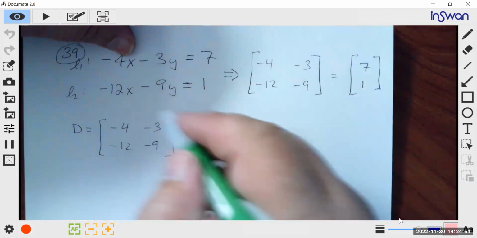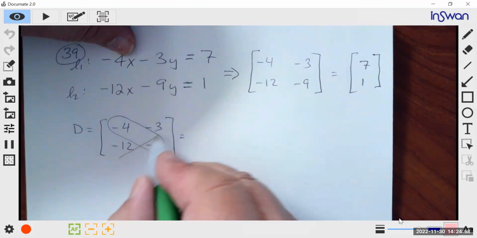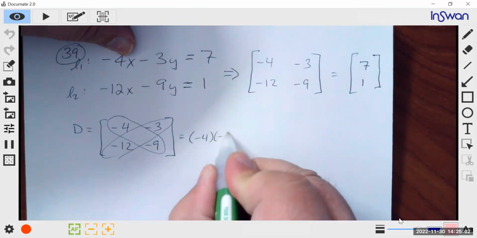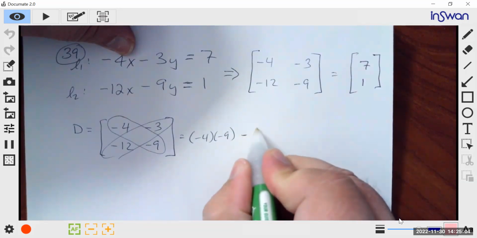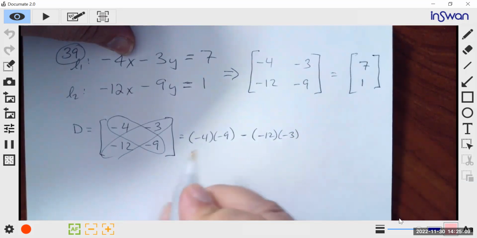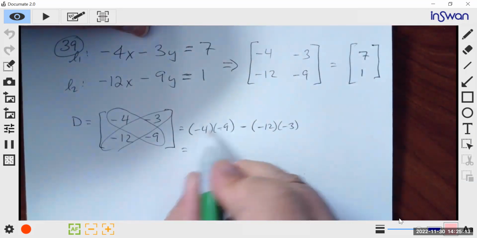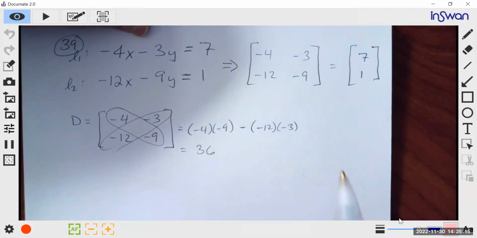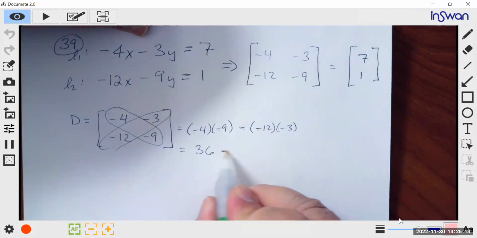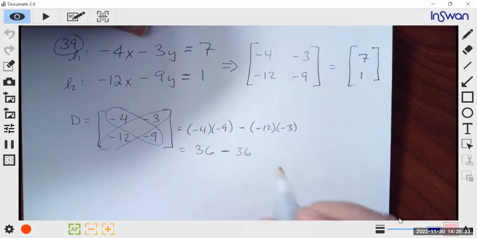It's supposed to be straight lines, but I first multiply the -4 times -9, then minus the -12 times -3. Negative negative is positive. 4 times 9 is 36. Negative, negative, negative, so the answer would be negative. 12 times 3 is 36.